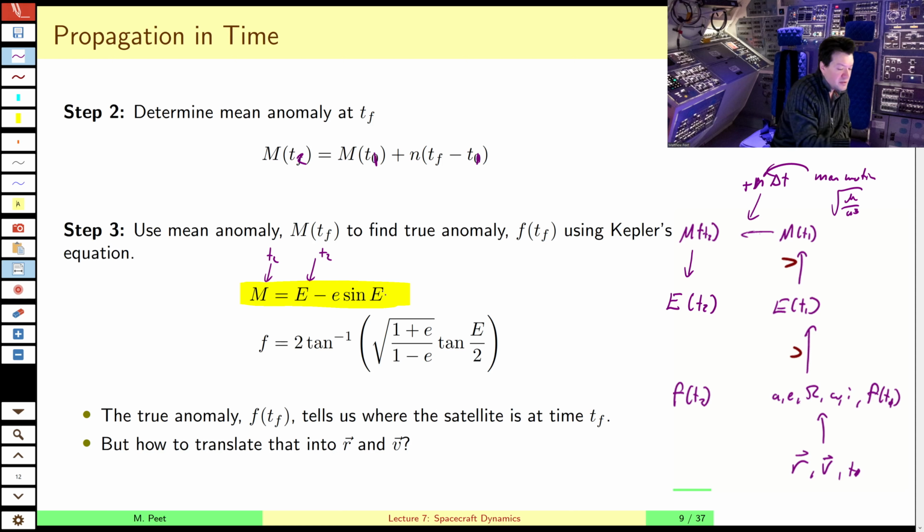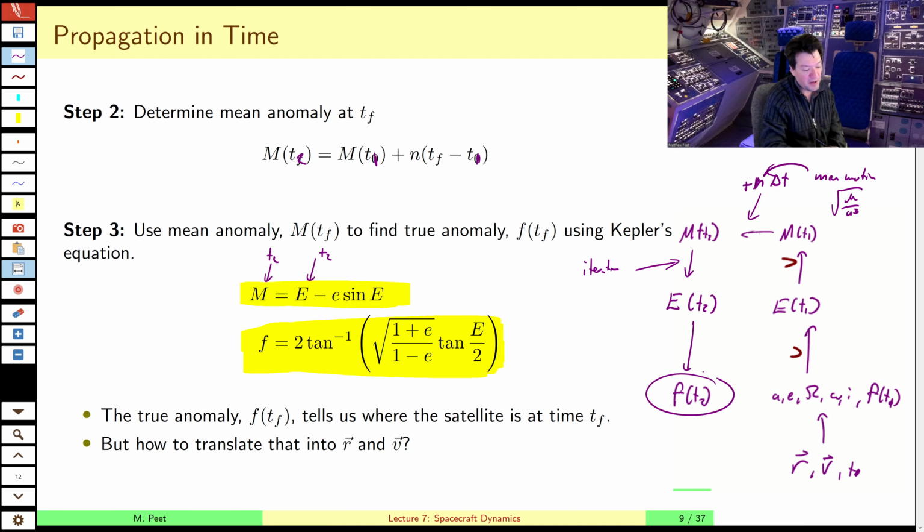Here we have to do iteration, Newton iteration. Next step, a little bit easier. Given the eccentric anomaly, we just use this formula here to calculate the true anomaly at t2 and write it down. So now we've completed our arc. We've found our true anomaly at time 2.